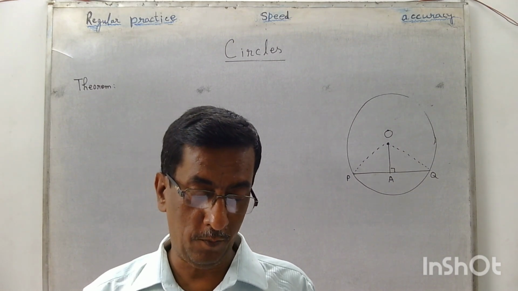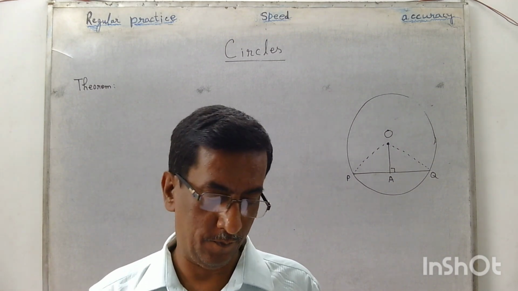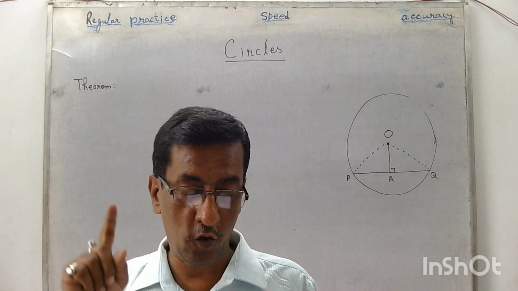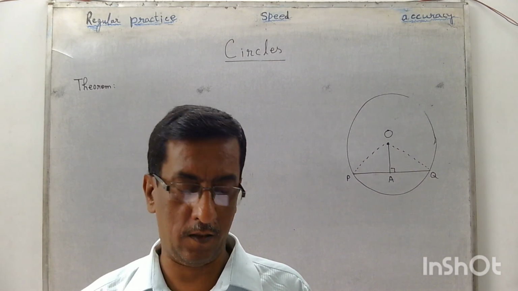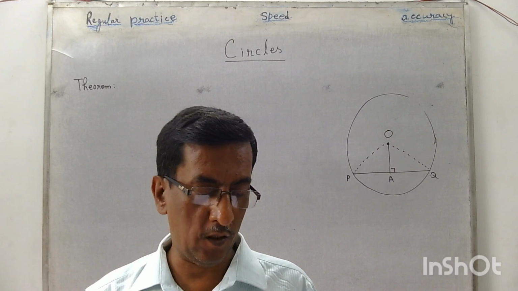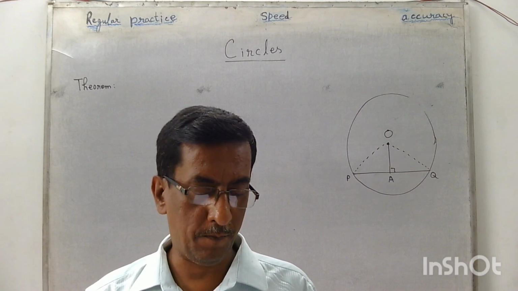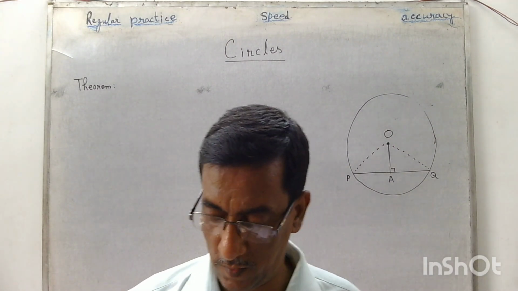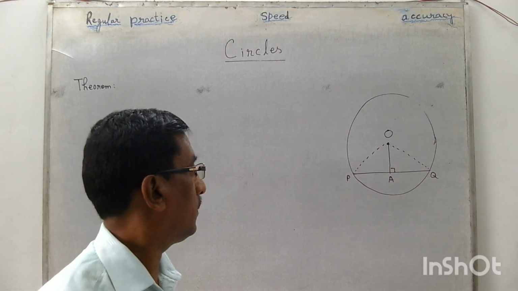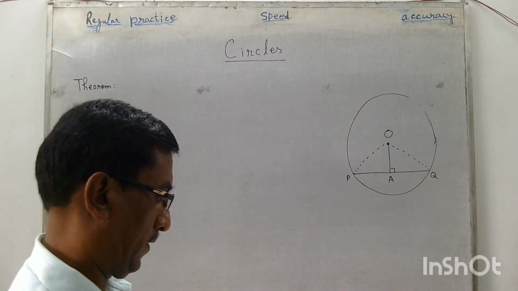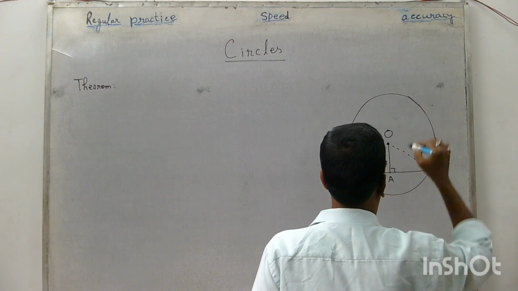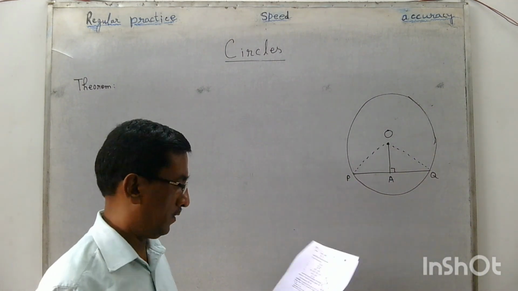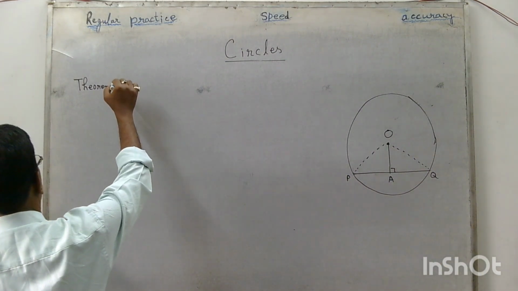But the statement of the theorem 6 is just opposite. The line drawn through the center of a circle to bisect a chord is perpendicular to the chord. So same drawing. I am writing theorem 6.